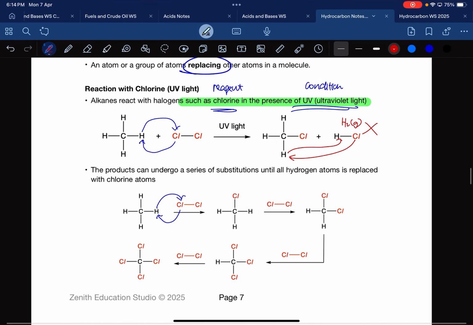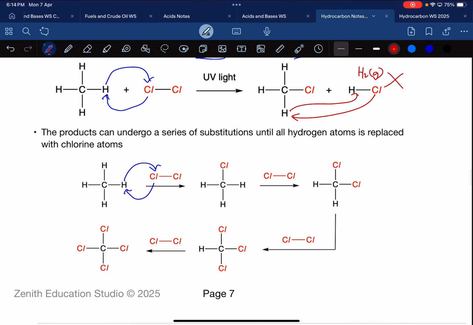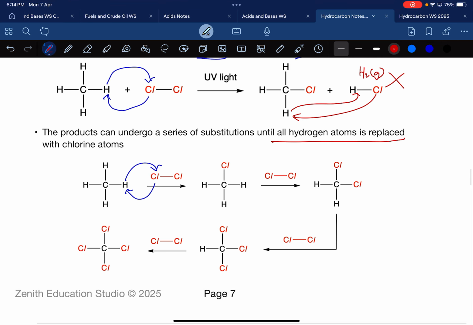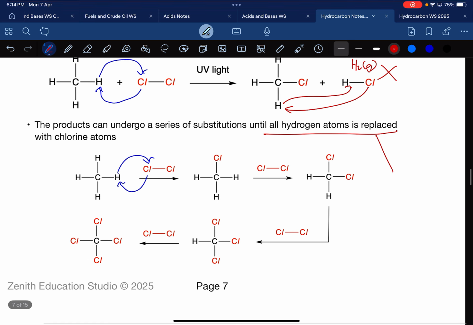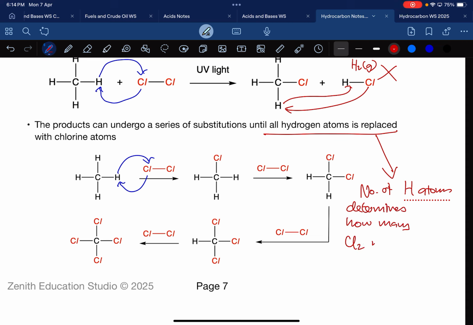Okay, so substitution can happen until every single hydrogen atom gets replaced. Which means the number of hydrogen atoms determines how many Cl2 molecules I need.